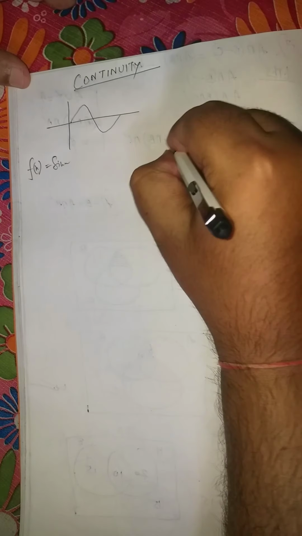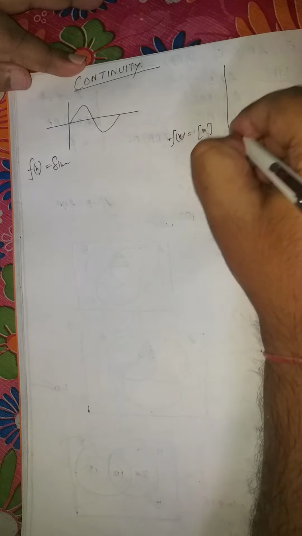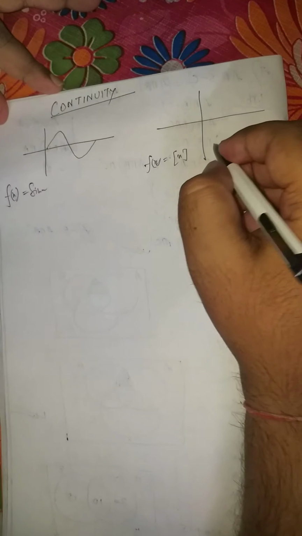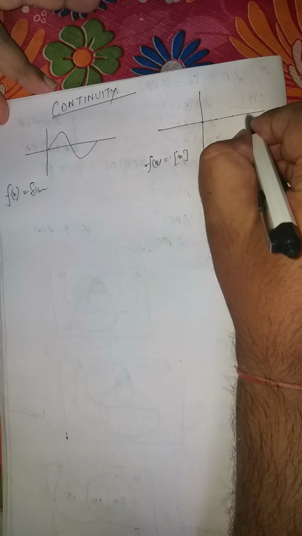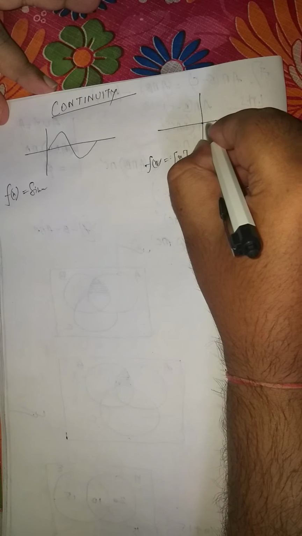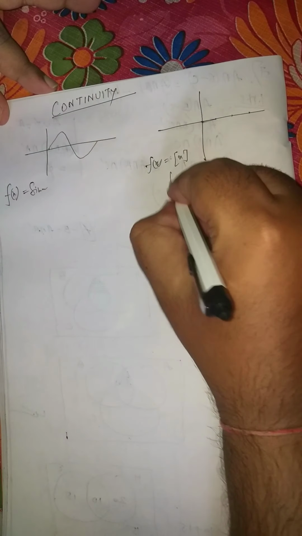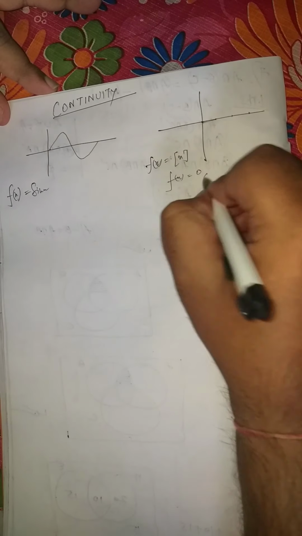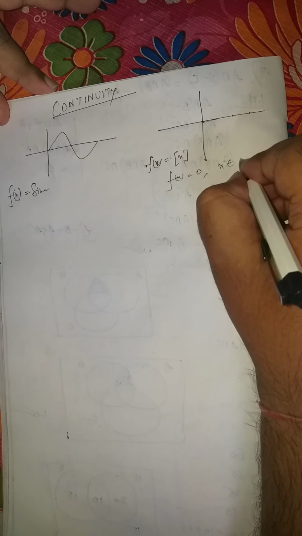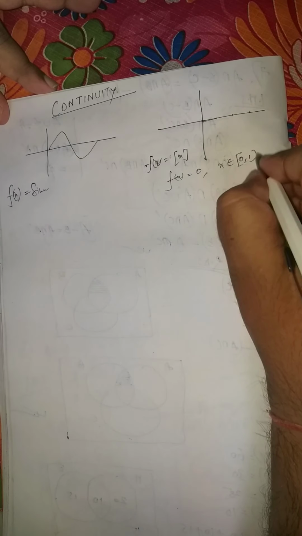Breaking point means, suppose consider one more example, the box function. What is the curve of this box function? f(x) is 0 when x is an element of [0, 1), with 1 in the open interval.